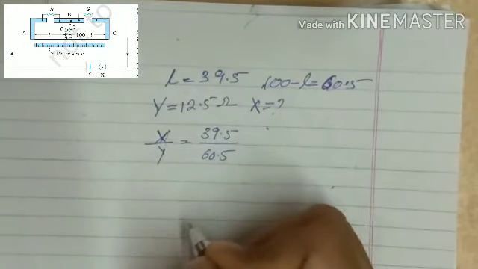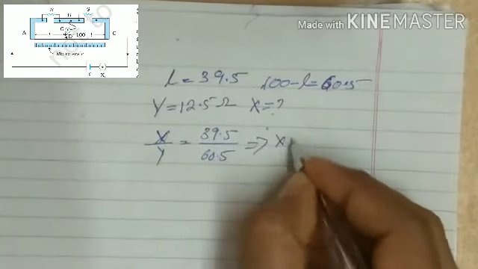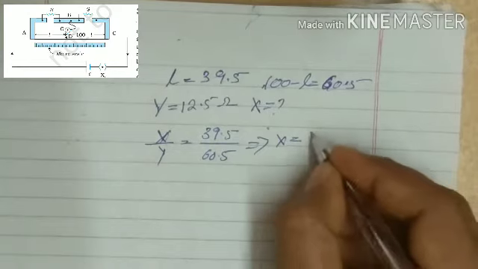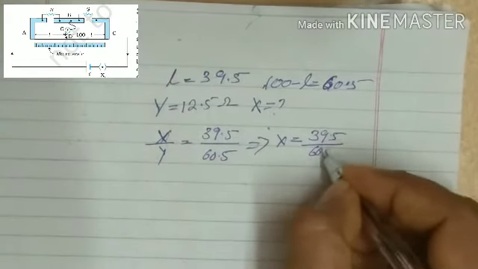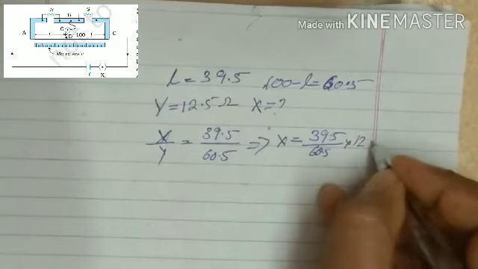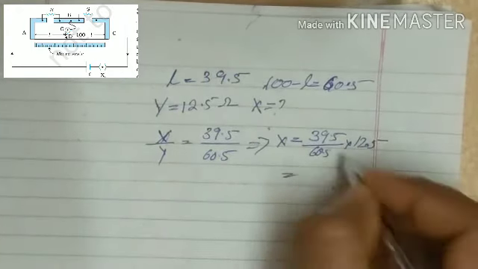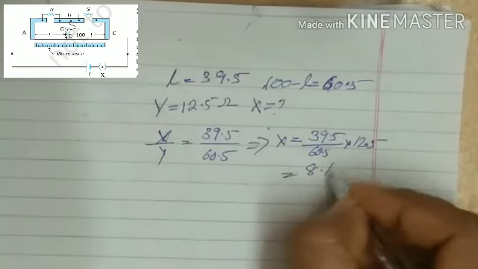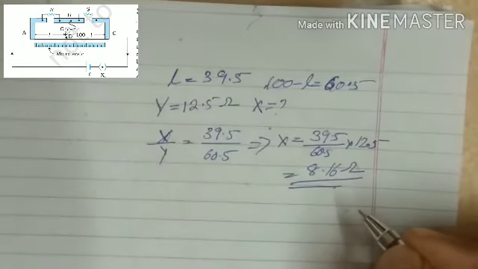Clear? Or from here we can write X is equal to 39.5 by 60.5 into 12.5. So on solving this, we got the value as 8.16 ohm. So the first part of our question is over.